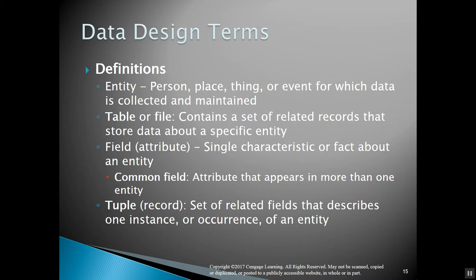A field is an attribute. It's a single characteristic or fact about that entity. A tuple, that's a set of related fields that describes one instance or occurrence of an entity. It's often called a record.